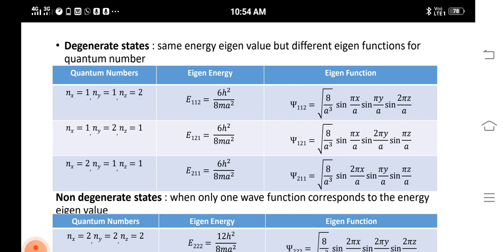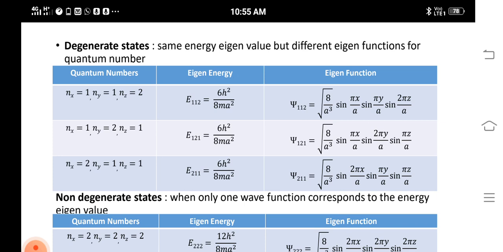In the same way, when we take nx equal to 2, ny is 1, nz is also 1, we get the eigen energy value E211 equal to 6 h square divided by 8 m a squared. For these quantum numbers we get the eigenfunction, square root of 8 by a cube, sine pi x by a, sine pi y by a, sine 2 pi z by a.